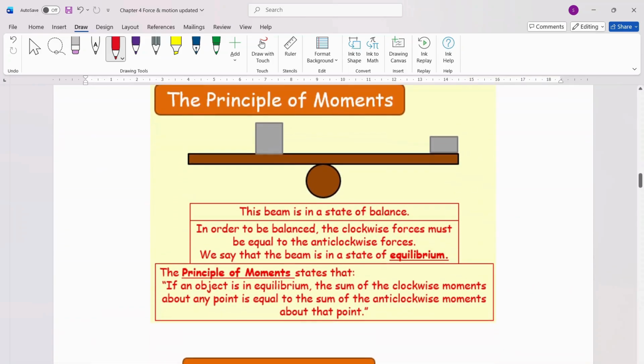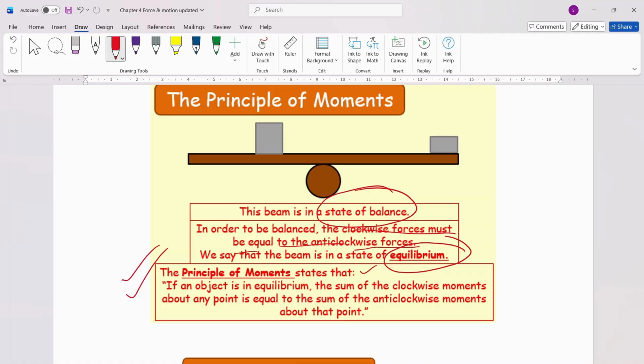So the principle of moments is that we need a state of balance. In order to be balanced, the clockwise moments must be equal to the anti-clockwise moments, and the balanced state is called the state of equilibrium. What is the principle of moments?